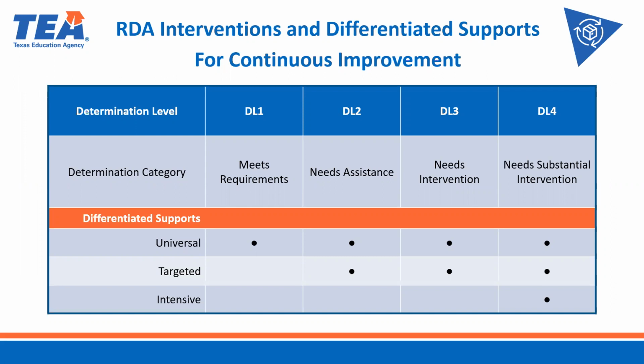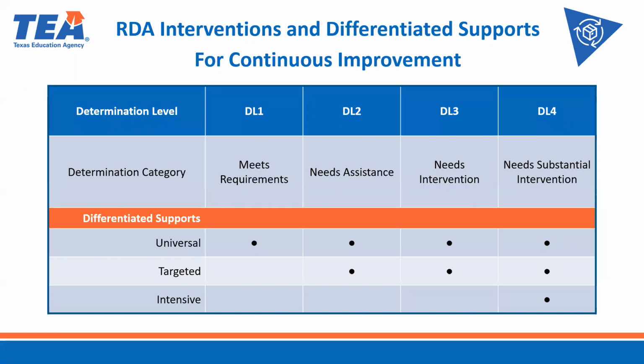Universal supports are proactive technical assistance resources available for all LEAs. Universal supports are designed to assist the LEA in continuously improving educational outcomes for students. LEAs accessing universal supports benefit by actively addressing identified areas of need, increasing capacity for quality program implementation, and maintaining a culture of continuous improvement.